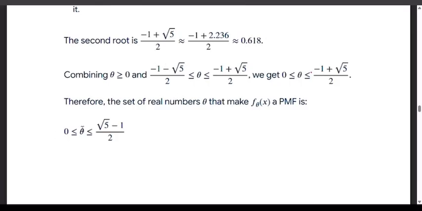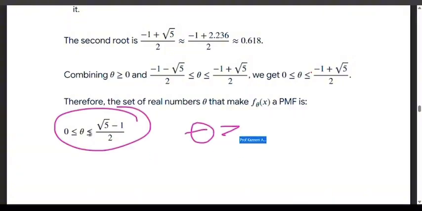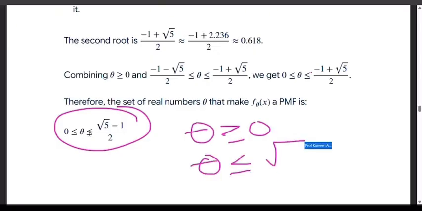Because we want our theta, what I have here says my theta has to be greater than or equal to 0, and theta less than or equal to root 5 minus 1 divided by 2. So we're telling the world the set of real numbers for theta that will make f of s a valid probability mass function.